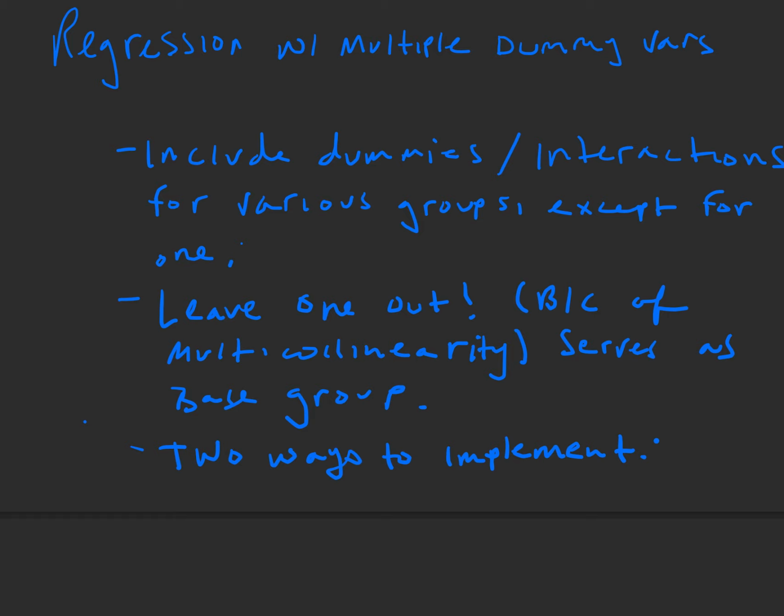There are two ways to implement this. The first way would be to create a dummy for each combination of attributes. So you're creating a new variable that is a dummy variable equal to 1 for each unique combination of attributes.